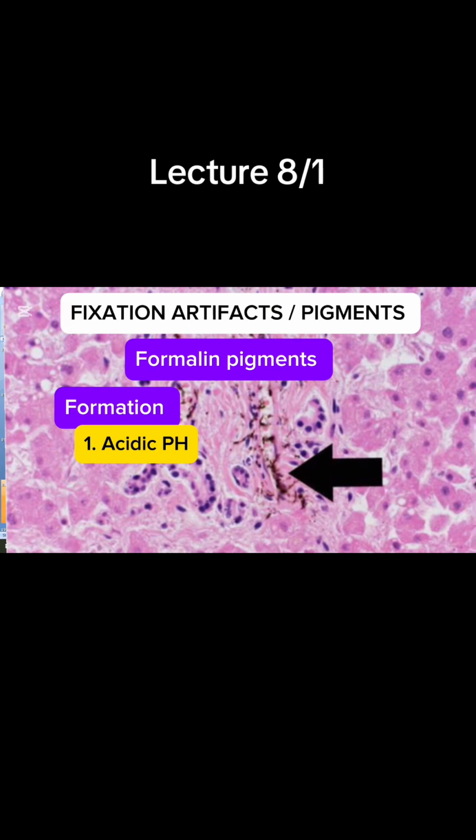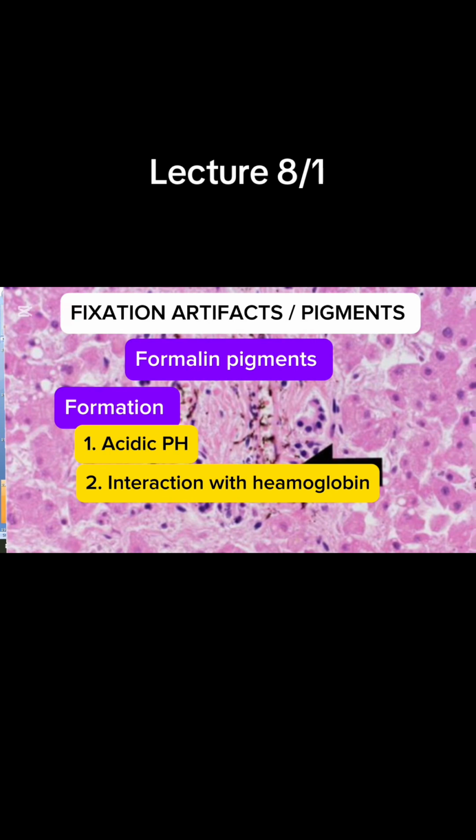One, acidic pH. Formalin becomes acidic over time due to the formation of formic acid, especially when stored poorly or not buffered. Number two, interaction with hemoglobin.